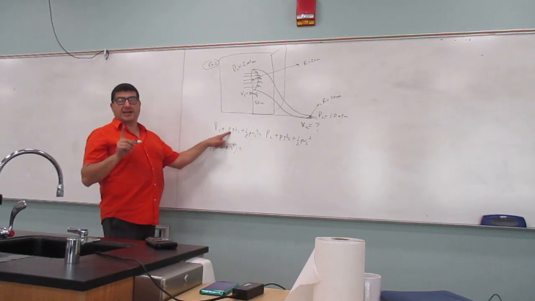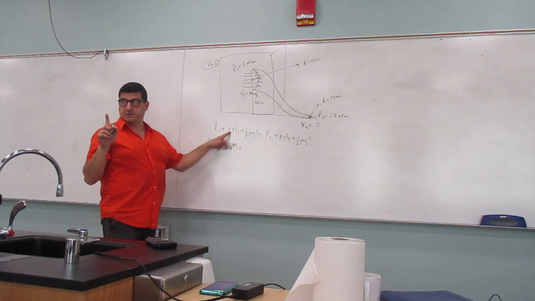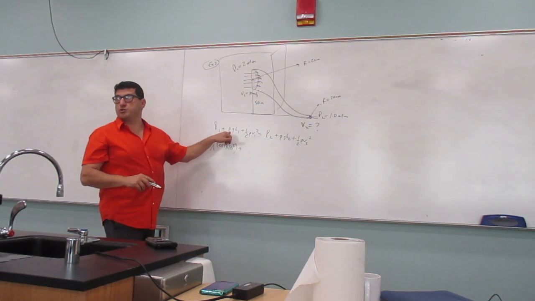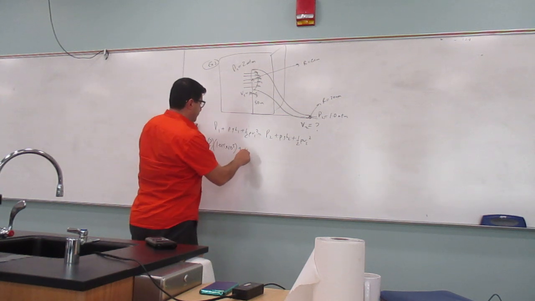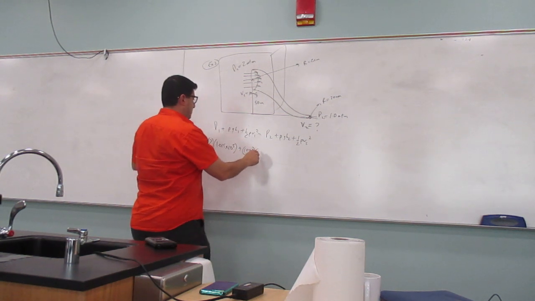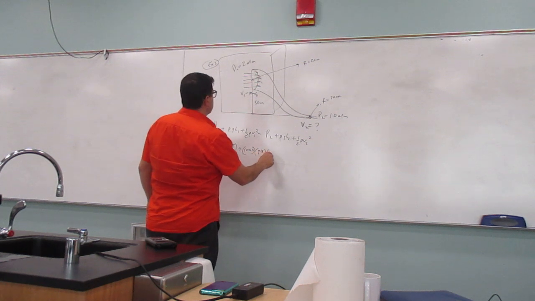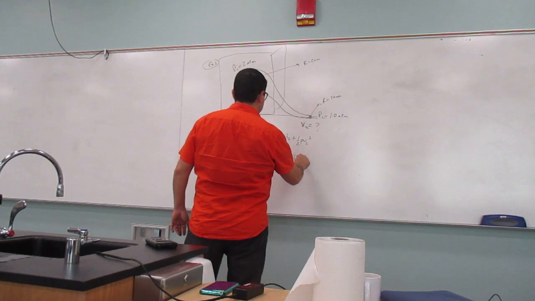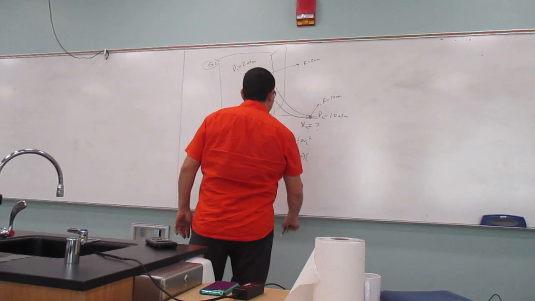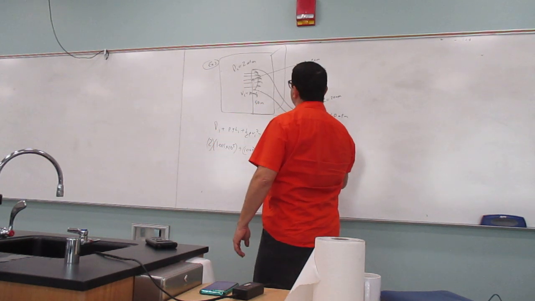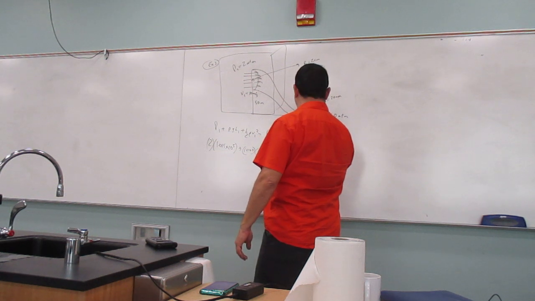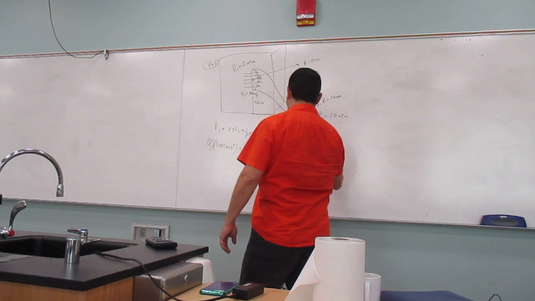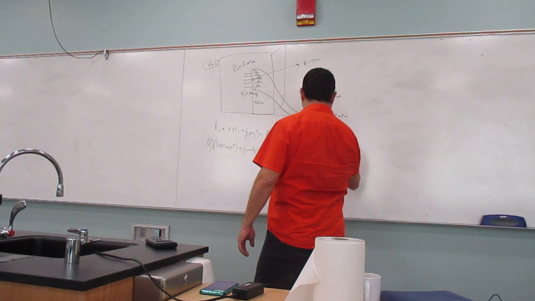Here I should use 1,000, not 1, because once you use pascals, you need to use metric units. 1,000 times 9.8 times 50 meters, plus half 1,000 times 10 squared, equals 1 atmosphere.